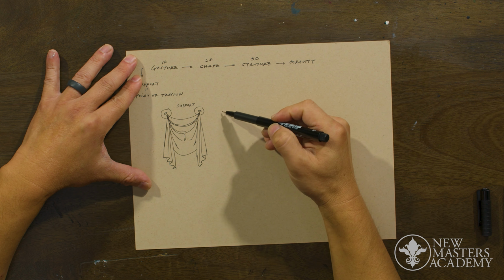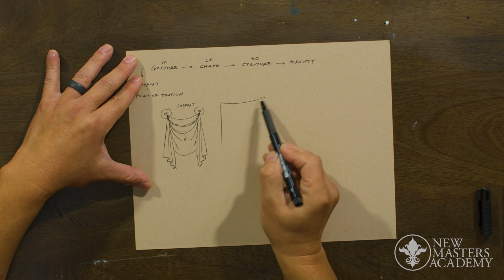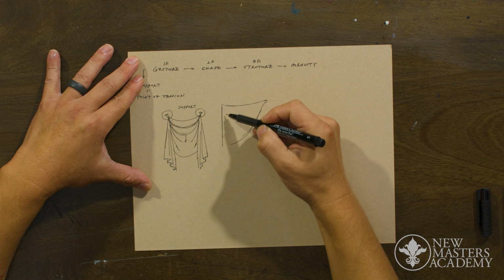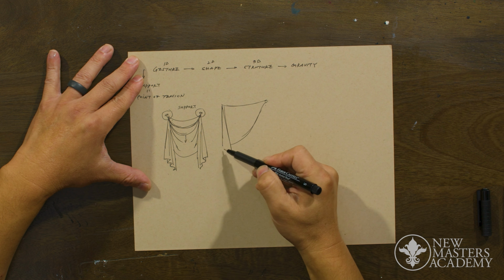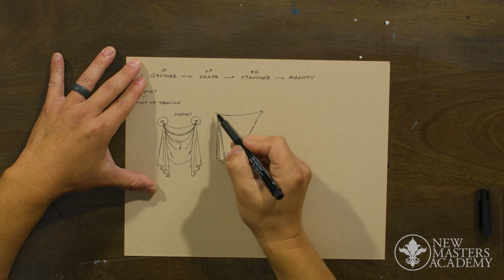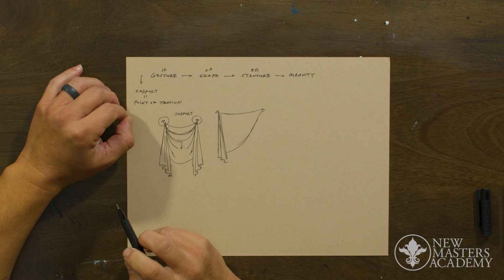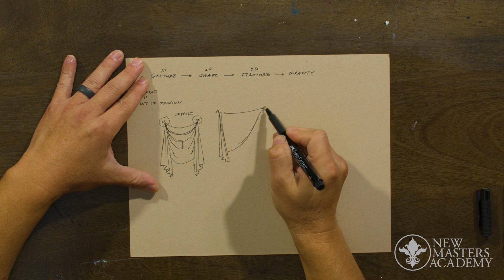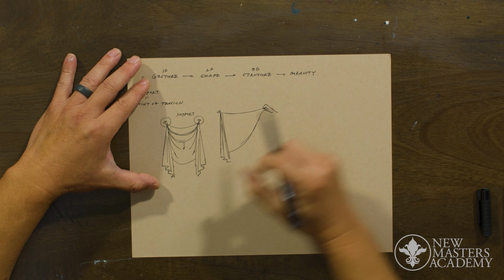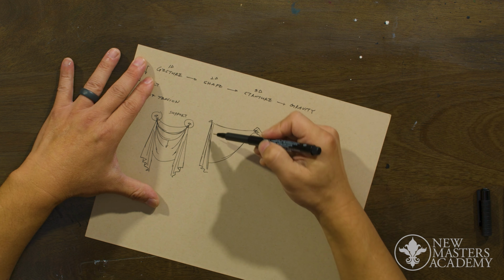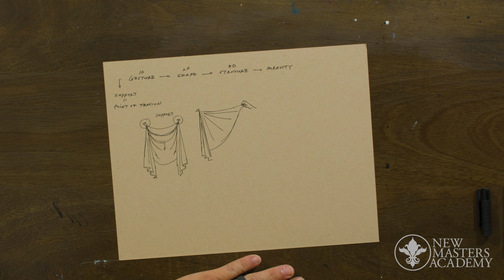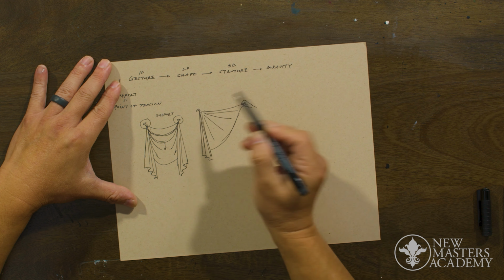For example, if I take one pin off and pull it with my fingers, you're going to start seeing folds radiate out from this support.